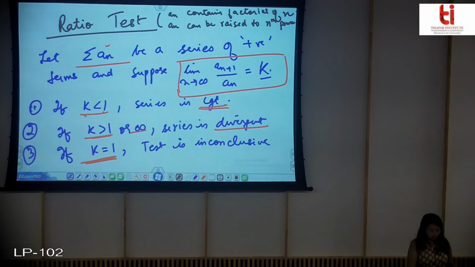We will not prove this ratio test. We will do some examples on how to use the ratio test to tell about the convergence and divergence of some series. So let's take a look at a few examples.